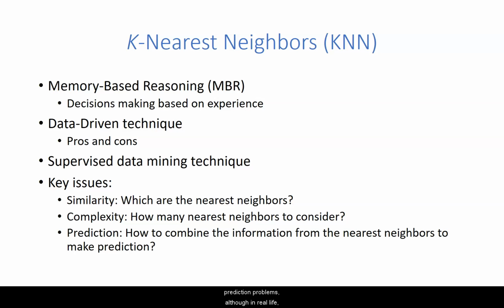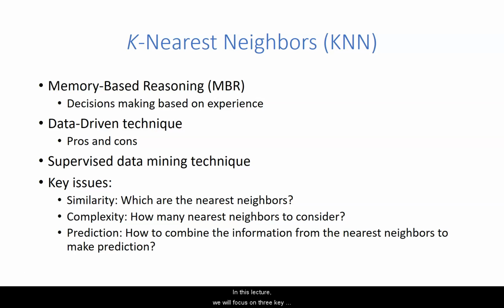Although in real life, KNN is often used more commonly for classification problems, where the target variables are categorical, than prediction problems. Since it is a supervised data mining technique, data partitioning, model complexity optimization, and performance evaluation are all important steps in the process.